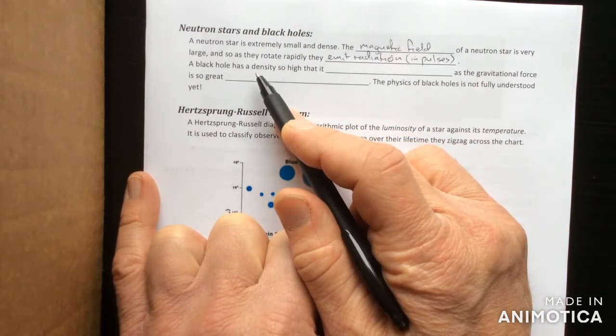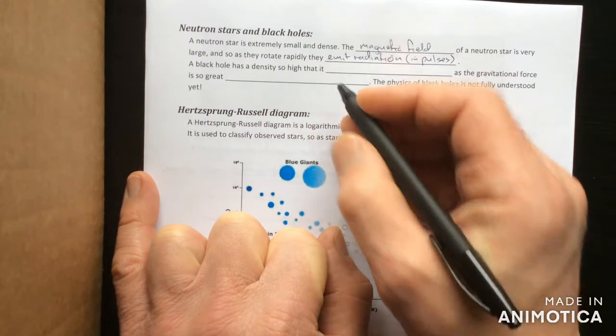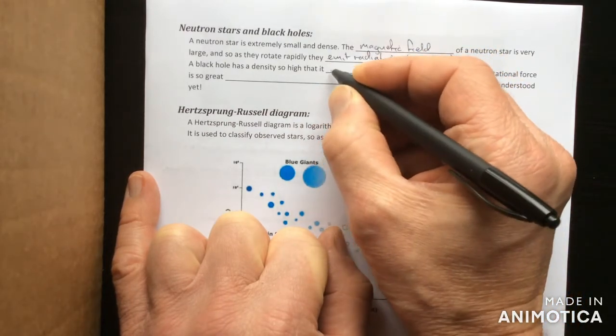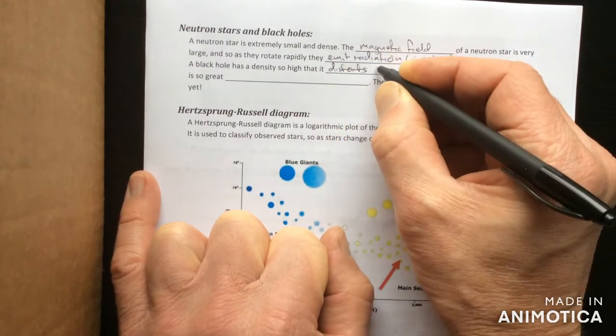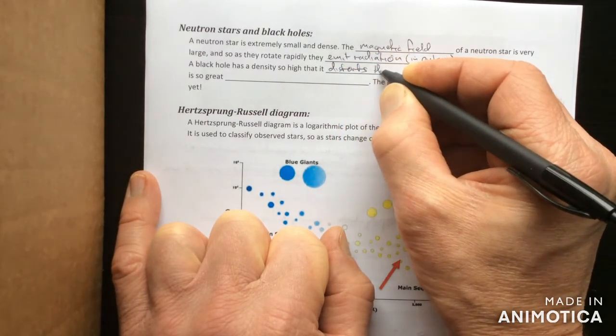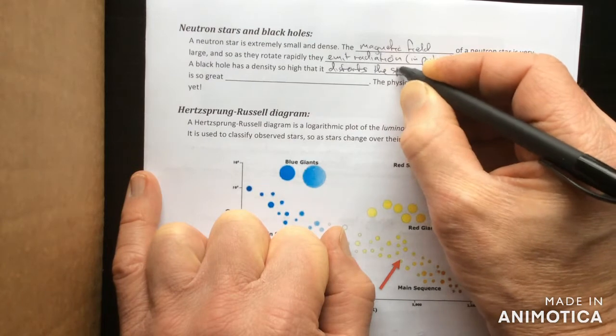Black holes, again, a little bit beyond where we're going. It distorts, it warps, I'll go with distorts, it's a bit more scientific. It distorts the fabric of space-time.